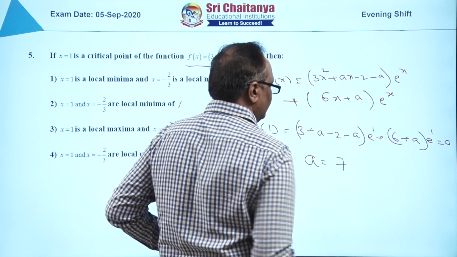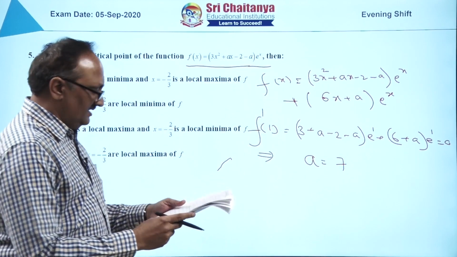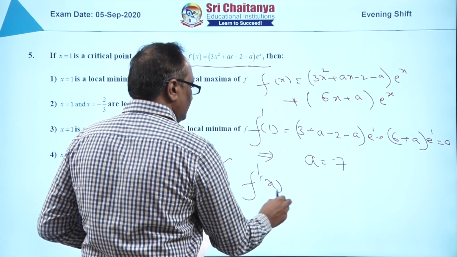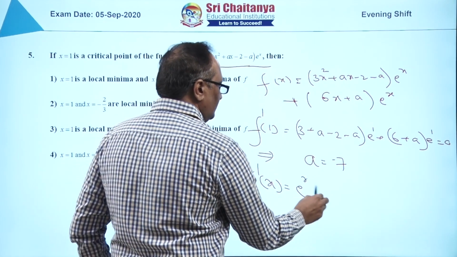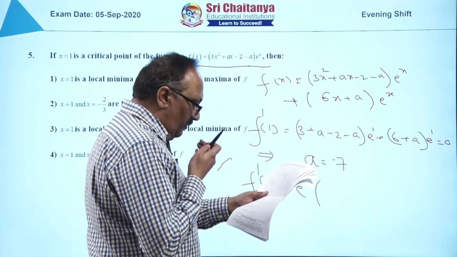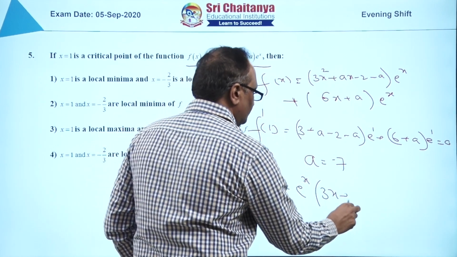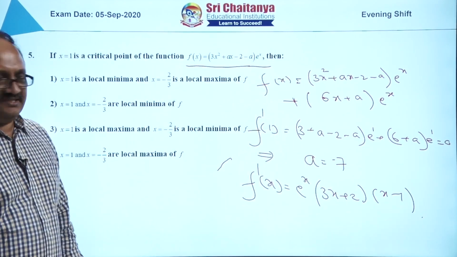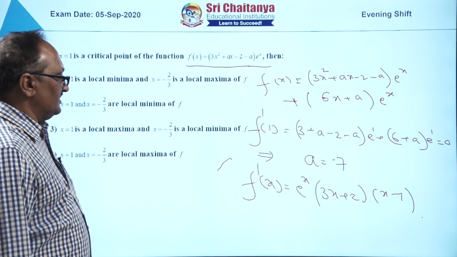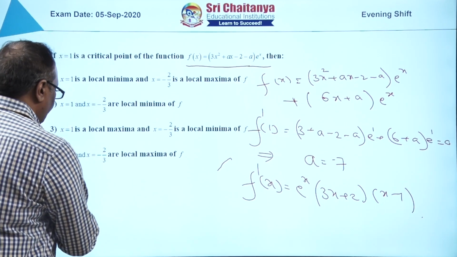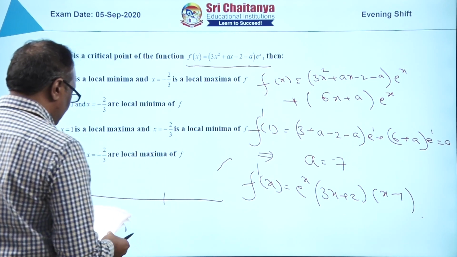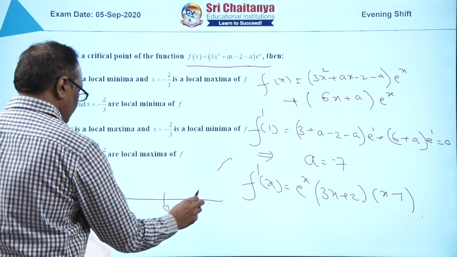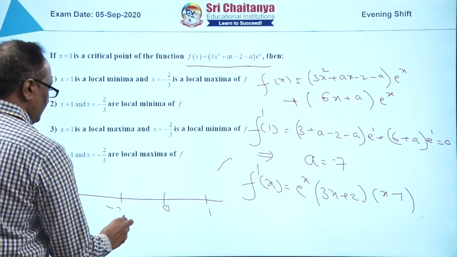equal to minus 7. By getting the value of a as minus 7, then f dash x we can calculate in this form, that is nothing but e power x into 3x plus 2 into x minus 1. F dash x is e power x into 3x plus 2 into x minus 1. By the wavy curve method, we can consider the values of that function in between 1 and minus 2 by 3.